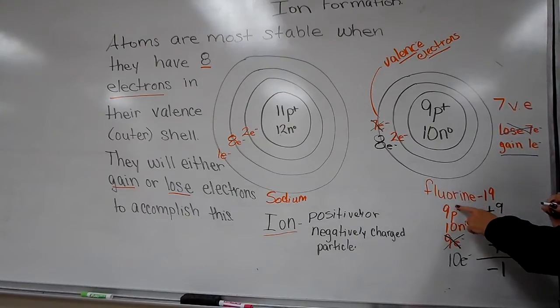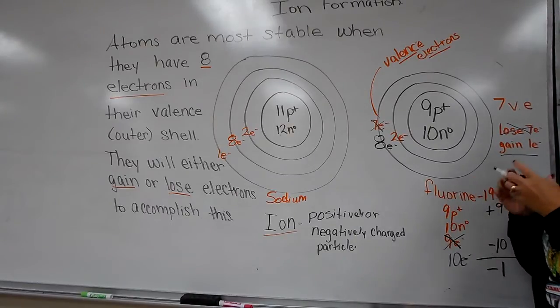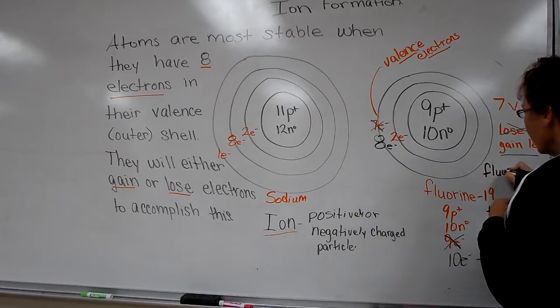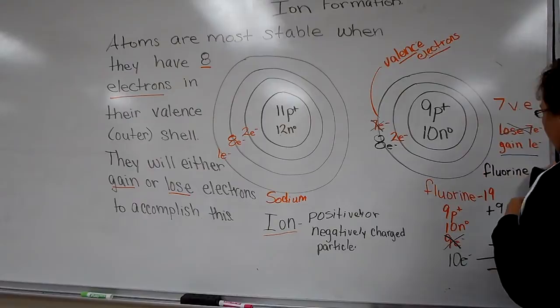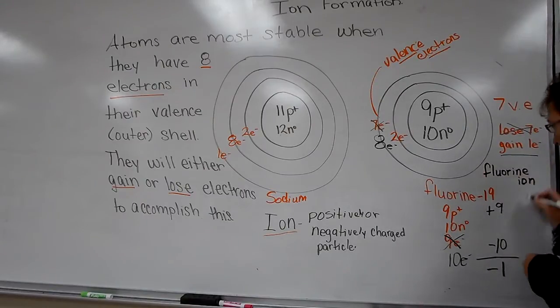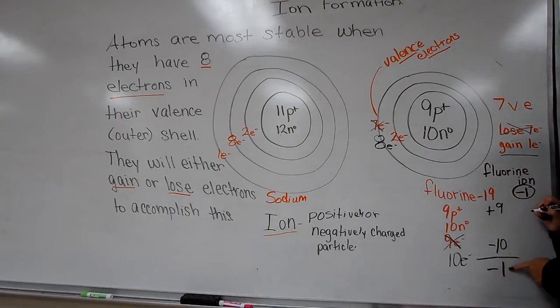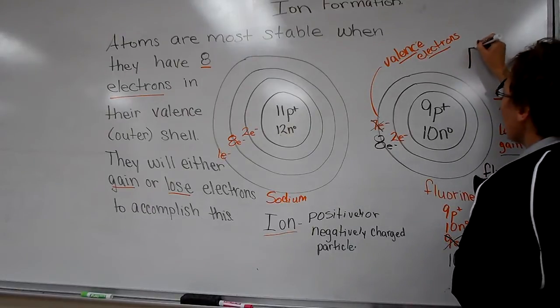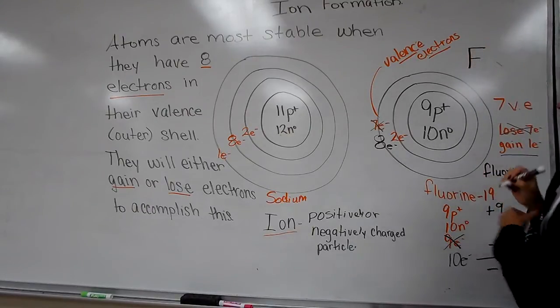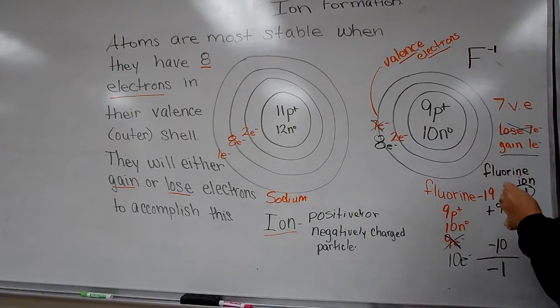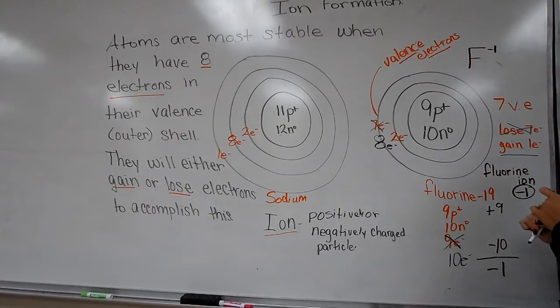So our fluorine ion, it's no longer called an atom, it's called an ion, has an overall -1 charge because it's got an extra electron. So when we write that, we write it as F, the symbol for fluorine, -1, because now it's an ion.